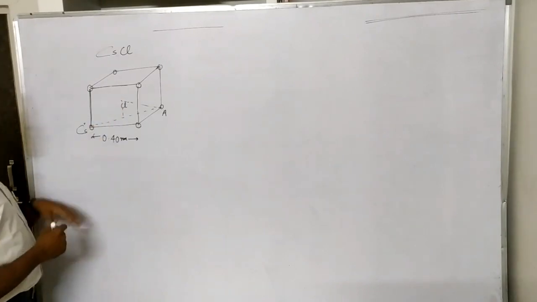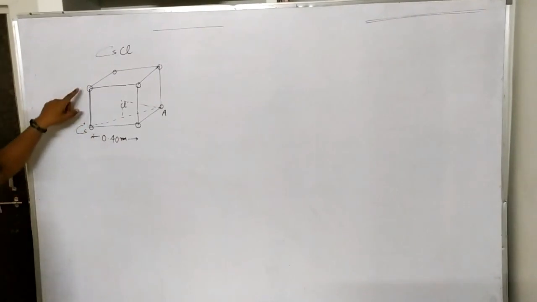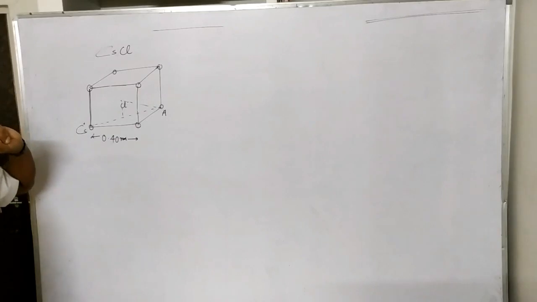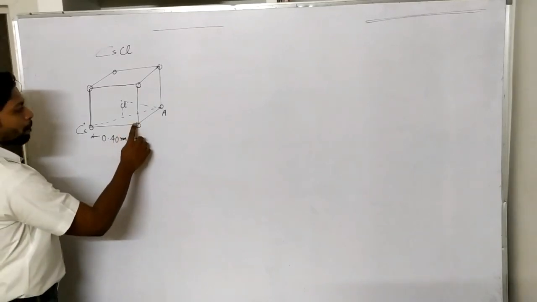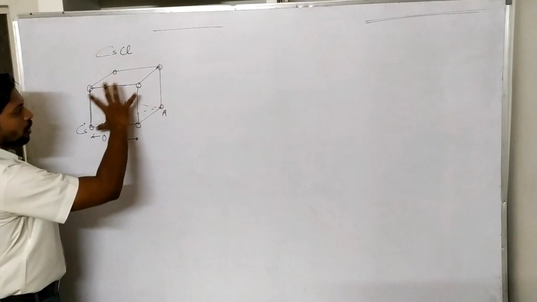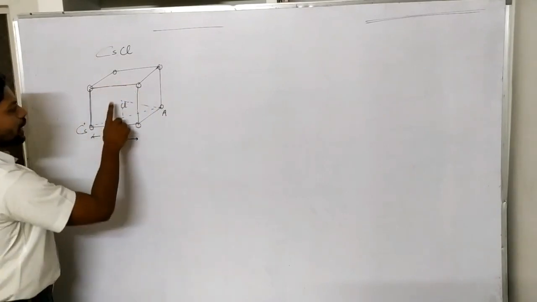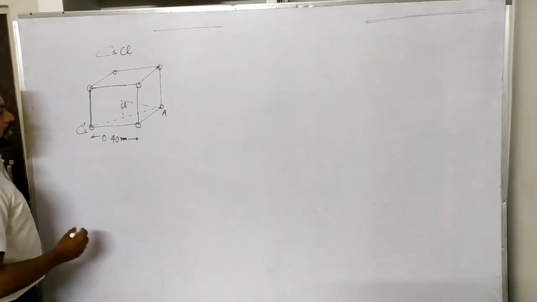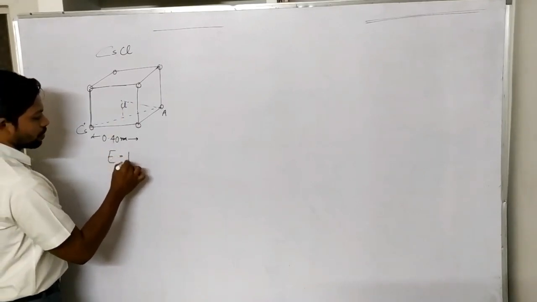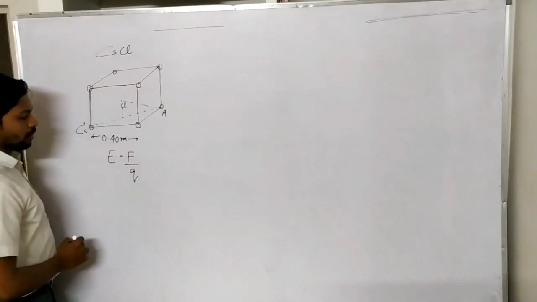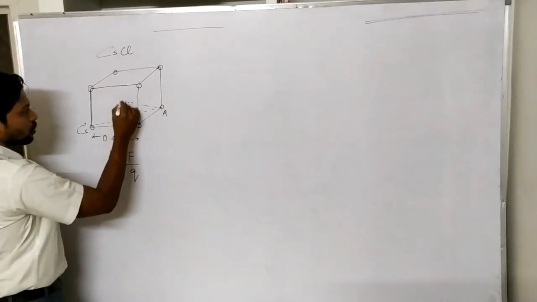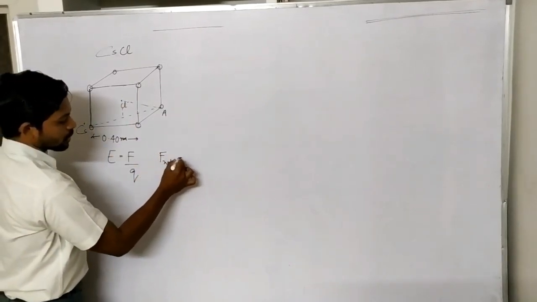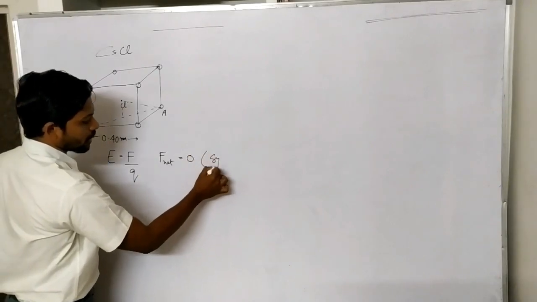It's very clear, this is a cube structure. So here the electric field is because of all the 8 cesium atoms. According to the symmetry, the electric field cancels out at this point, because the force cancels out, because we know E is equal to F by Q. So here the net force is 0 because of symmetry.